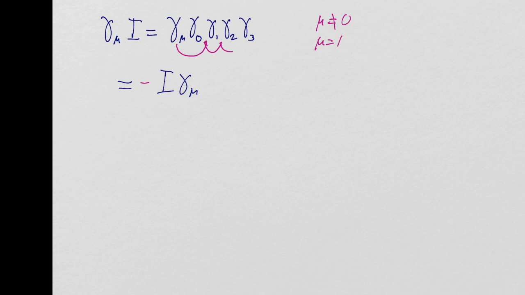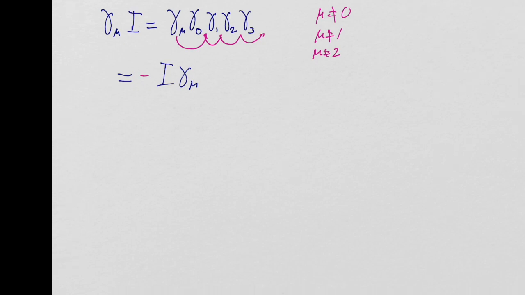Then I can pass it through gamma 2, and I'll get a sign change as long as mu does not equal 2. And then I finally pass it through gamma 3, and I'll get a sign change if mu does not equal 3. But here's the deal. Mu has to equal one of these 4.